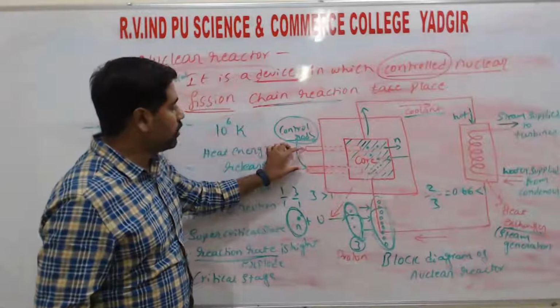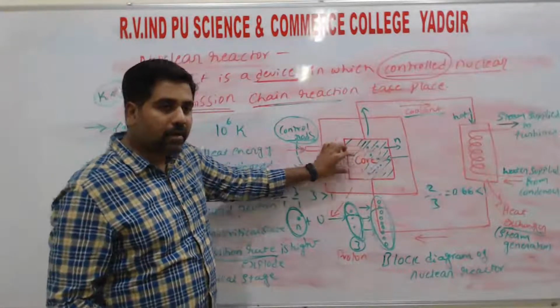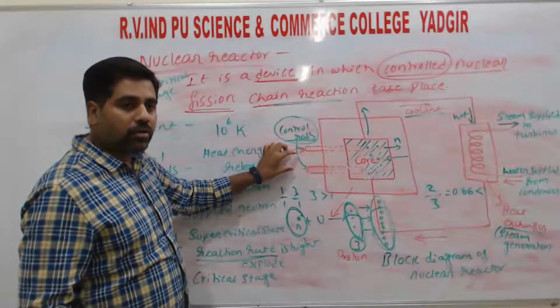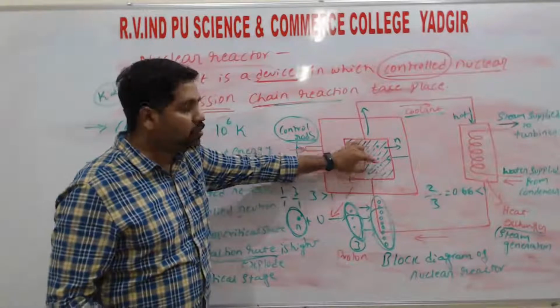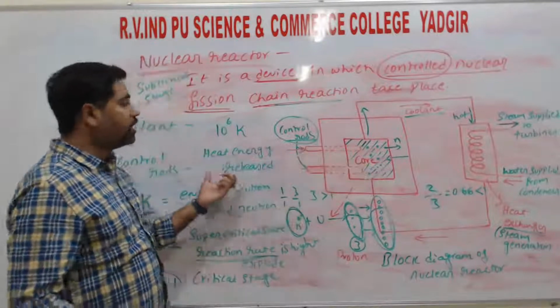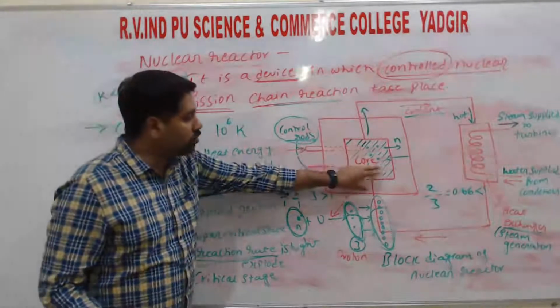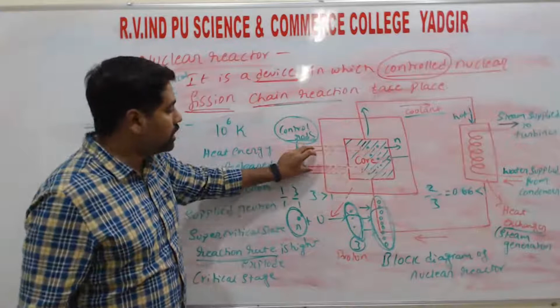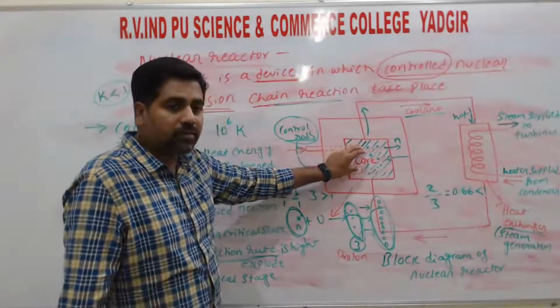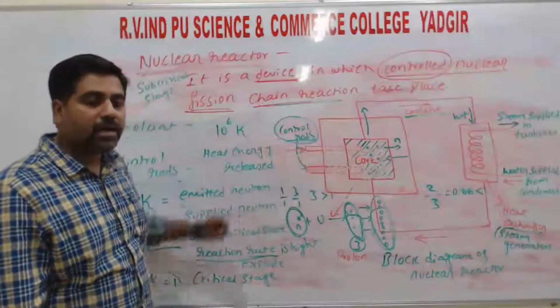These are adjustable. We can put the control rods inside and we can take them outside also, right? If we completely insert them and they absorb all the neutrons, then it will stop the further chain reaction. Up to the quantity of neutrons we need to absorb, we insert the control rods, then we can take them outside.